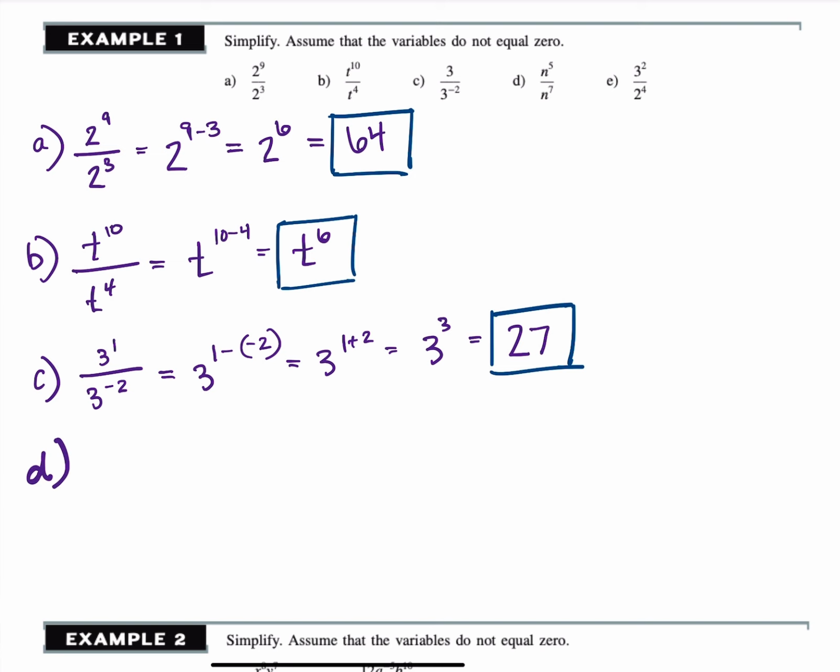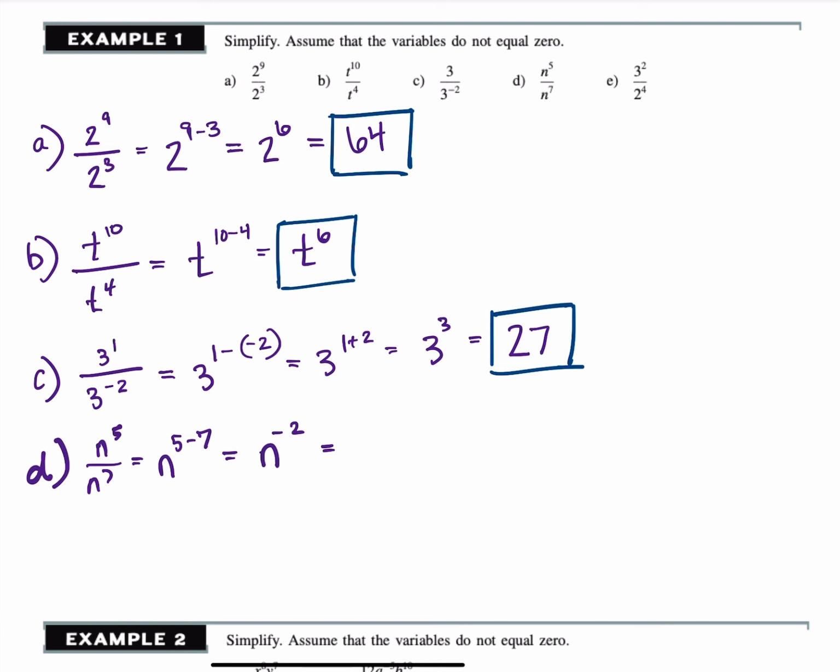Part D, we have n to the 5th divided by n to the 7th power. So let's just continue with this subtraction rule. This would be n to the power of 5 minus 7. 5 minus 7 is negative 2.